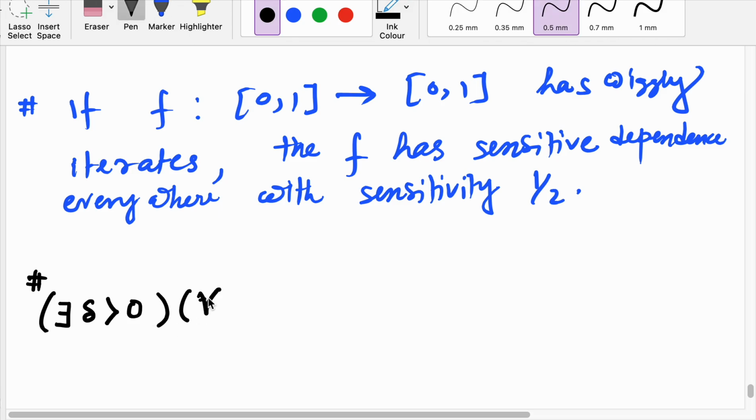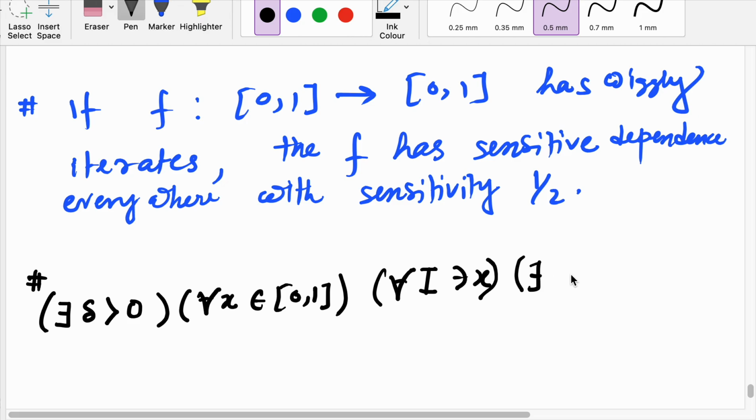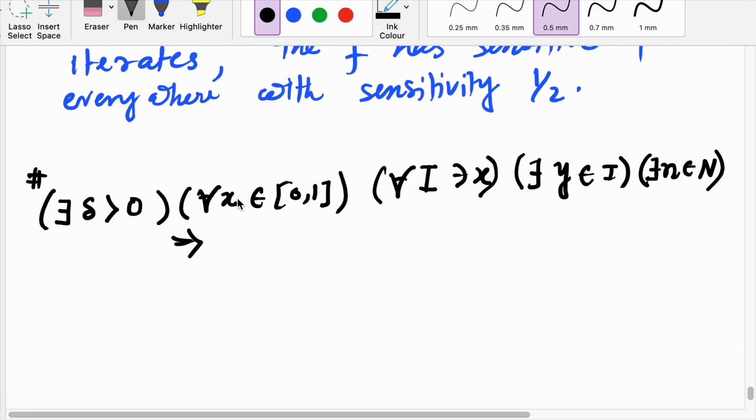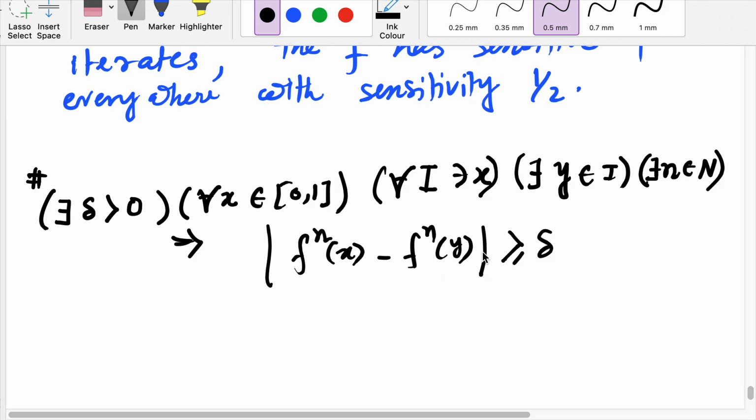So that means for all x which belongs to 0, 1, and for every interval I which contains the point x, we will find a y in this interval I, and we will also find an n, obviously a natural number, such that the distance between the nth iterate of x and of y becomes at least this delta apart.